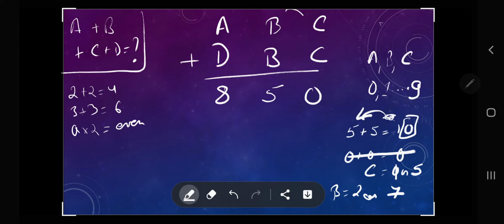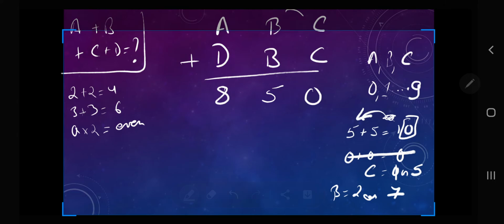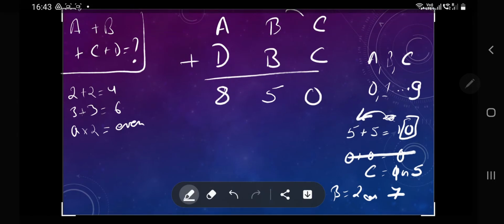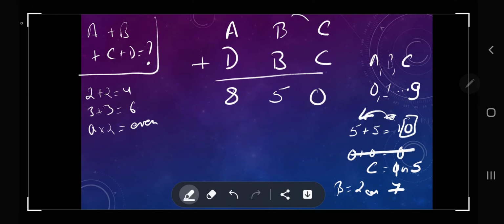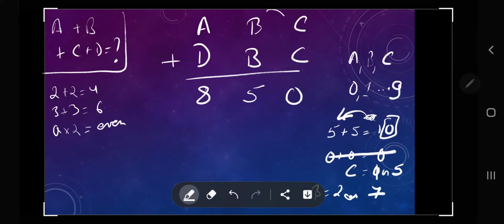We don't know yet. Let's take a look at A plus D. We don't really need to know what the values of A and D are because we are interested in the sum of A and D. So we will leave it as it is, regardless of it being whatever it is.